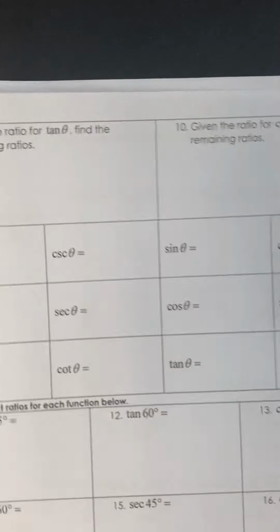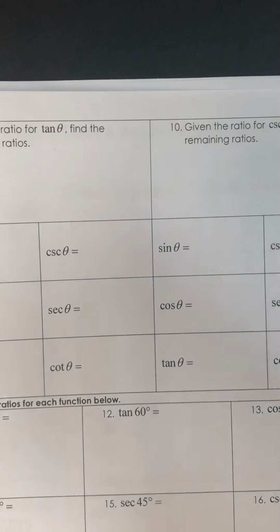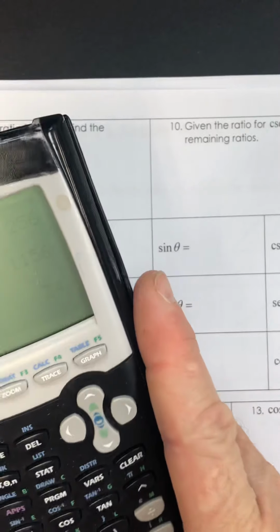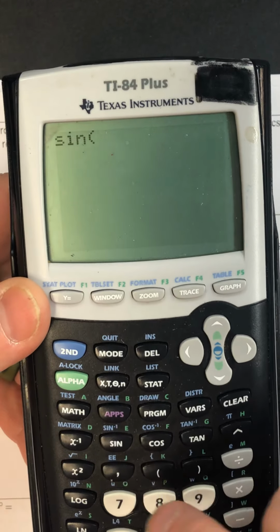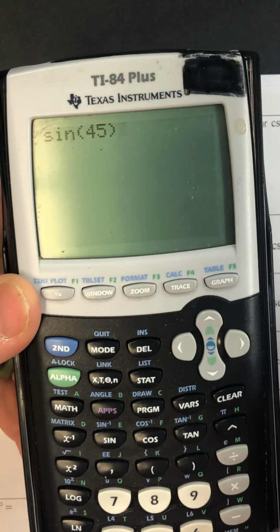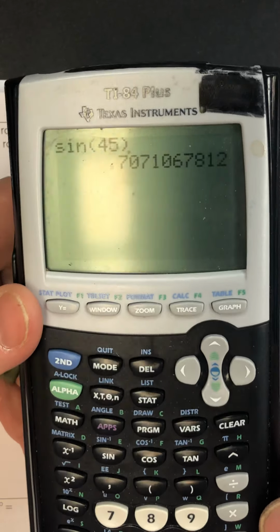Or maybe I'm thinking you could do the calculator. On your calculator, if you want to find the sine of 45, you would just hit the sine button, 45. Now, if your calculator is in degree mode, you're going to get the right answer. So there's the 0.707.